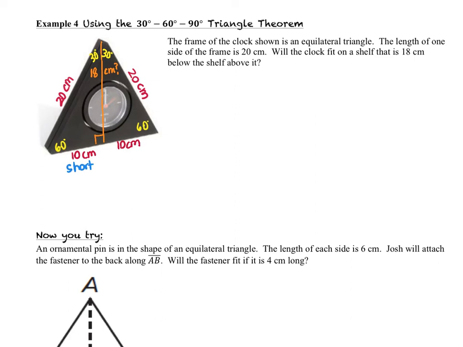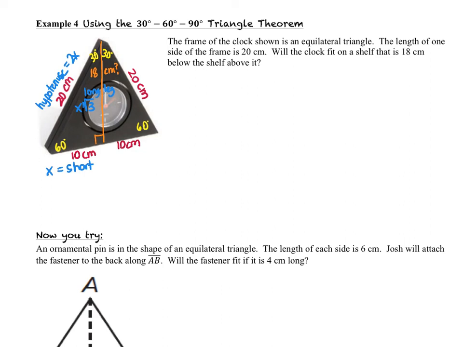The hypotenuse is the 20 centimeter side length, and this hypotenuse is 2x, the short leg is x, and then the long leg is this orange one that I've drawn, and we want to see how tall that is, but we know it's going to have the relationship of x times the square root of 3. We've marked up the diagram pretty well.